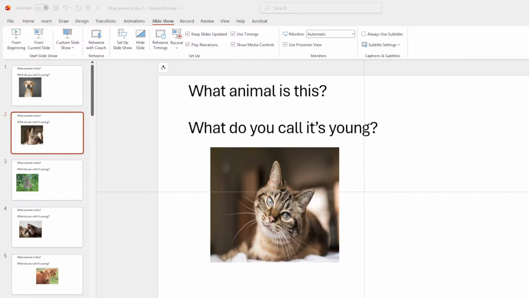So this is meant to be an entertaining session as well as an educational one, because you have some people who do not have an idea of what an animal could be if we show a picture of an animal because of their geographical location. Probably they have not seen that animal before. It's very possible.